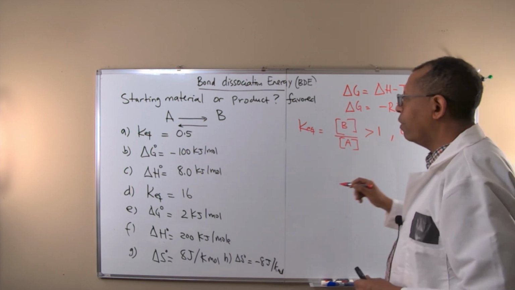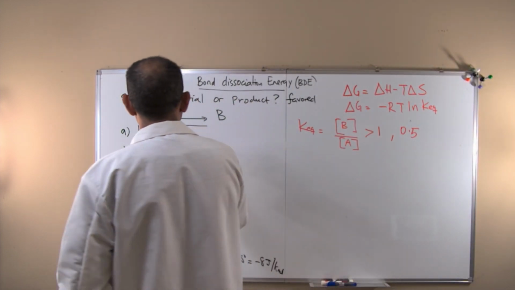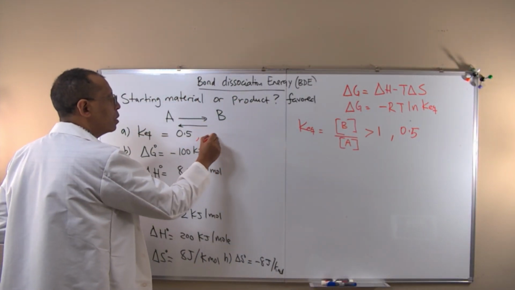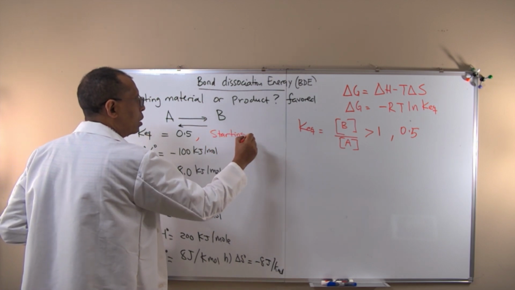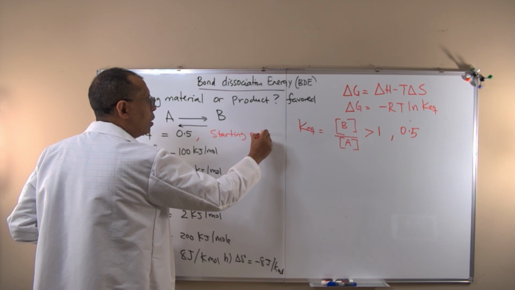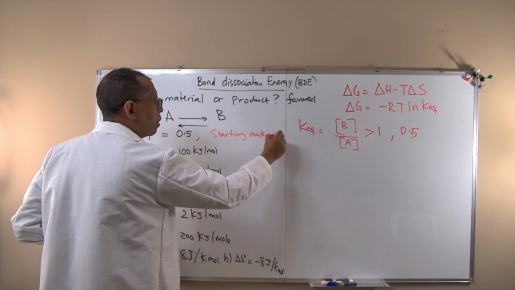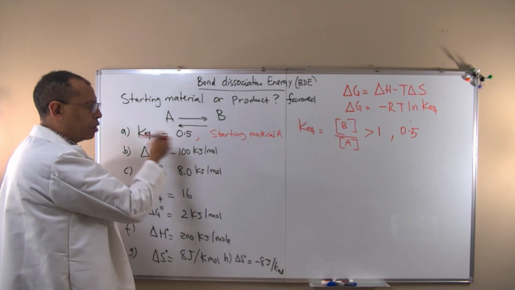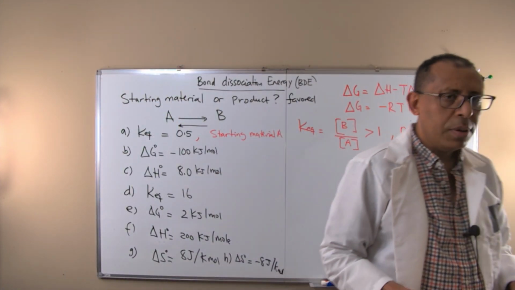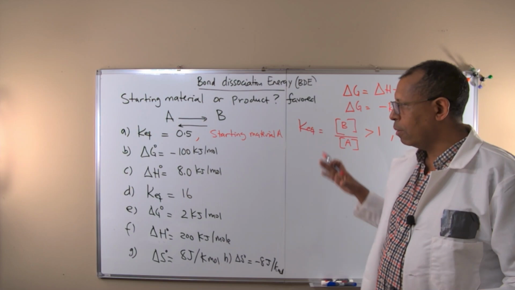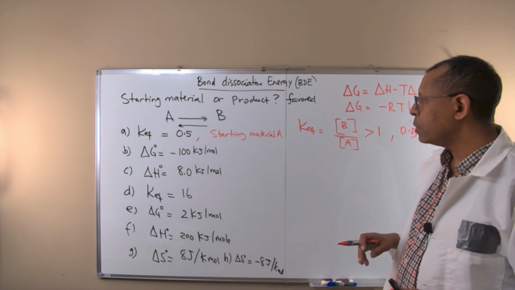So the reaction favors the starting material A, because it's less than 1. It's going backward because the ratio should be greater than 1, at least in the forward direction.